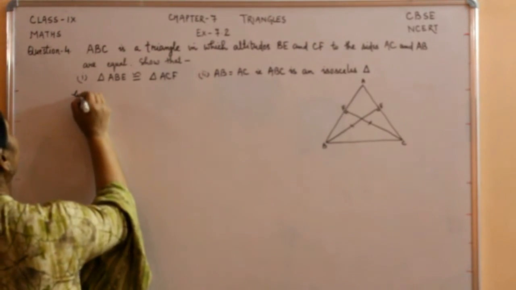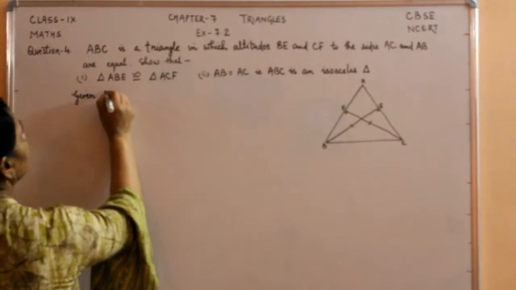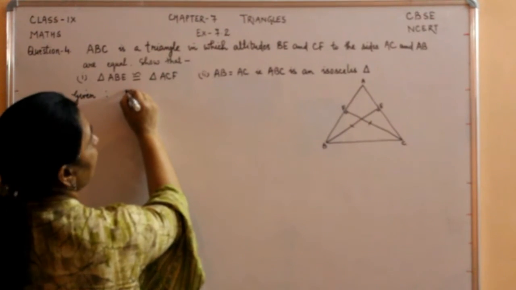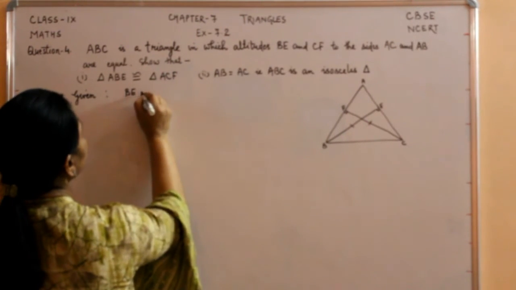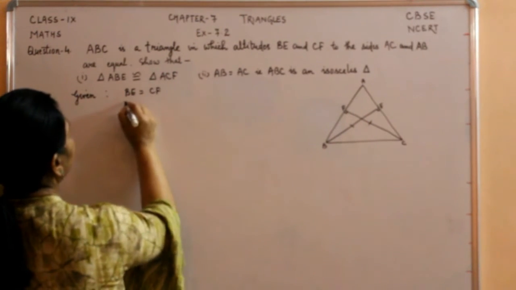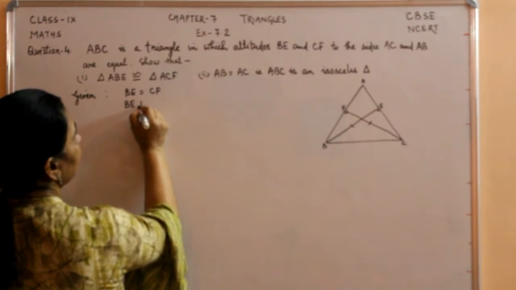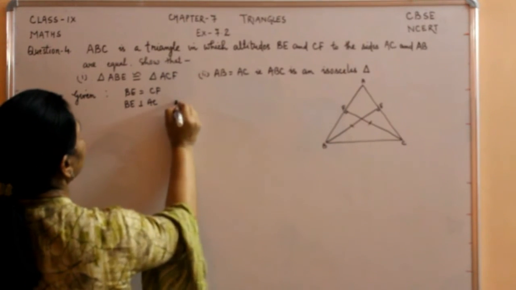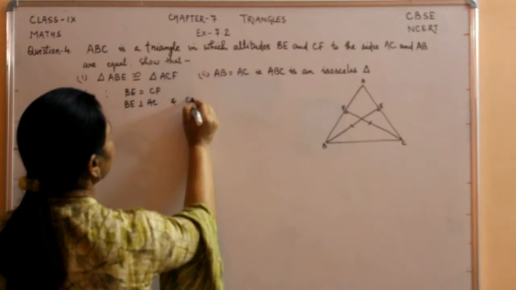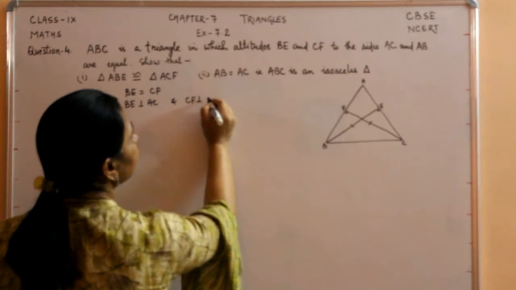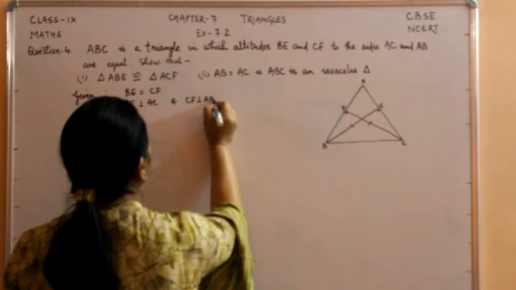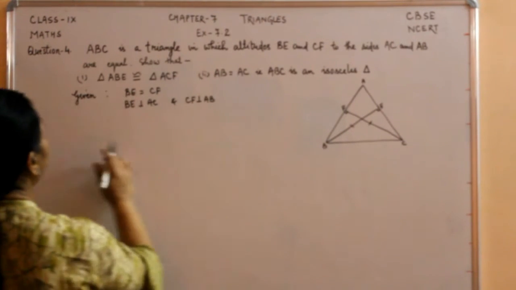So what is given to us? BE is equal to CF, and BE is perpendicular to AC and CF is perpendicular to AB. Altitude means they are the perpendiculars.